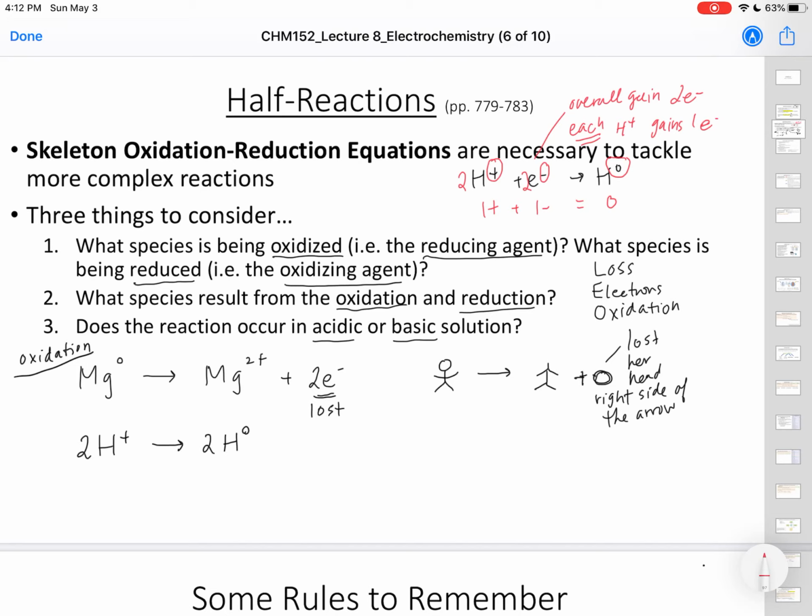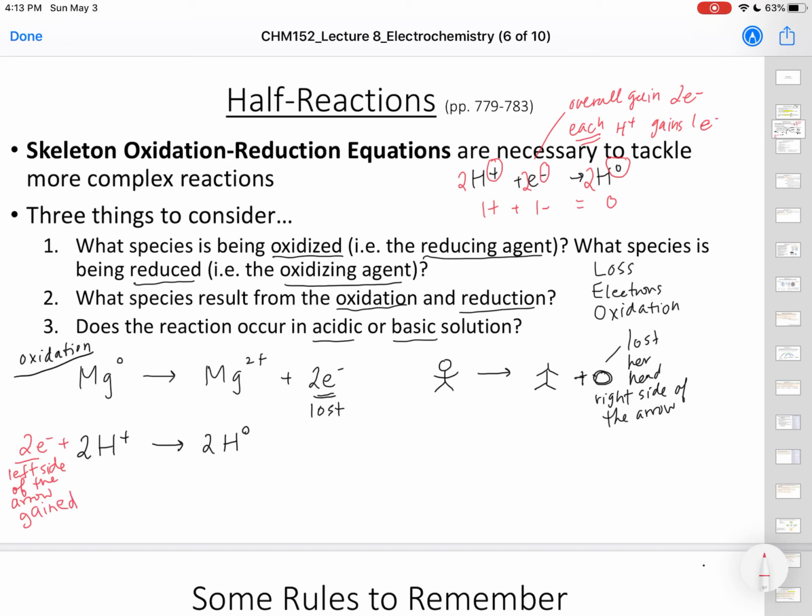So then you have the result of 2 hydrogen neutrals. So when we have a gain of electrons, we will always write it on the left side of the arrow. And e minus does stand for electrons. So when it is on the left side of the arrow, it is gained.